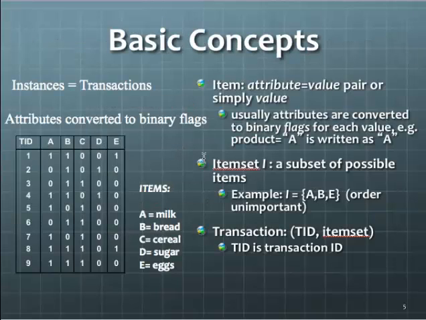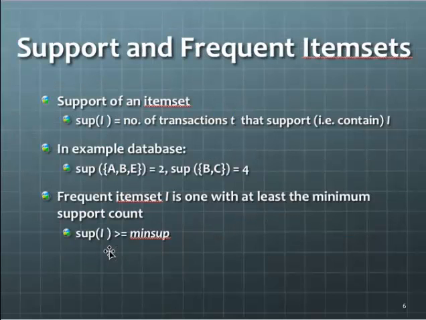Let's go back to the dataset. We can just try to find how many times A, B, and E exist together. It's easy to find that A, B, and E exist twice in this whole dataset, in transaction 1 and transaction 8. So the support for item set A, B, and E equals 2.